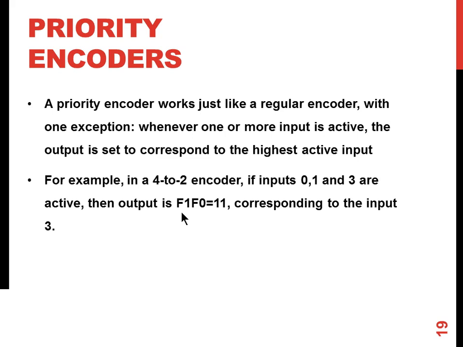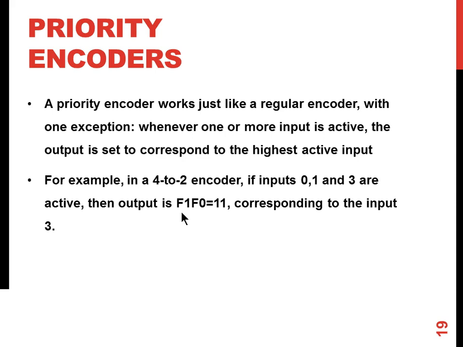The next priority is I1, which is active, so I1 will be taken and the output will be 0, 0, 1. Later, when I1 becomes deactivated, I5 will be considered, assuming no other higher input is active at that time, because I5 has a lower priority than I1.